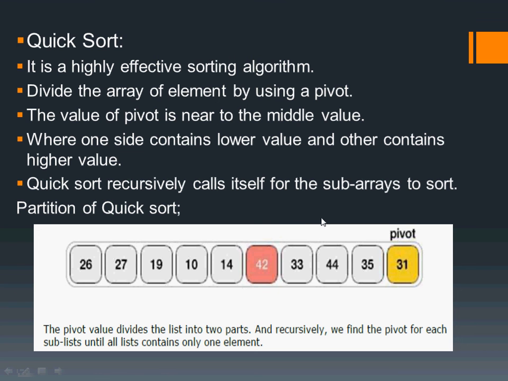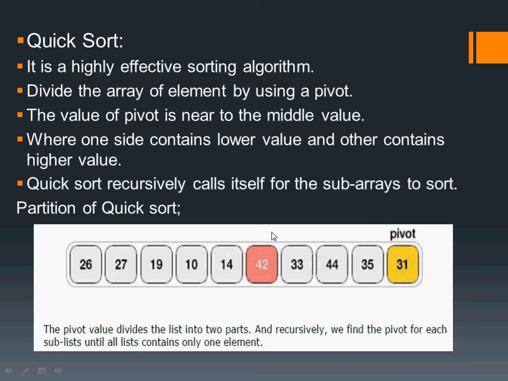So in the next subset we have to find another pivot, for example here 10, 14, 19, 27 and 26. So think about 19 as the pivot for this subset. So 10, 14 will be on the left side and 26 and 27 will be on the right side. So when compared to this, 10 and 14 are already sorted and 26, 27 are also already sorted. So there's no other change.